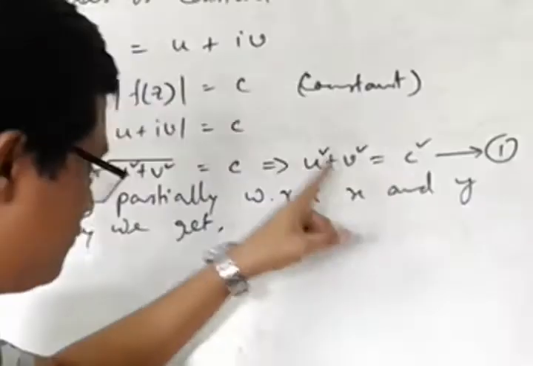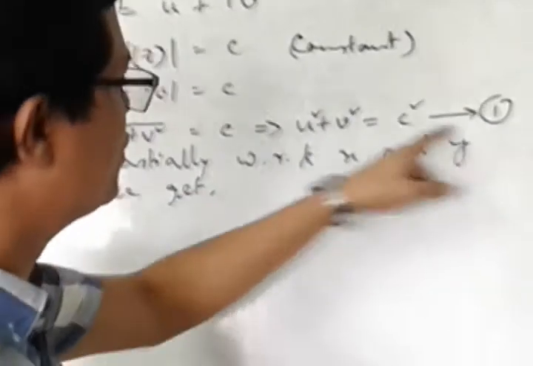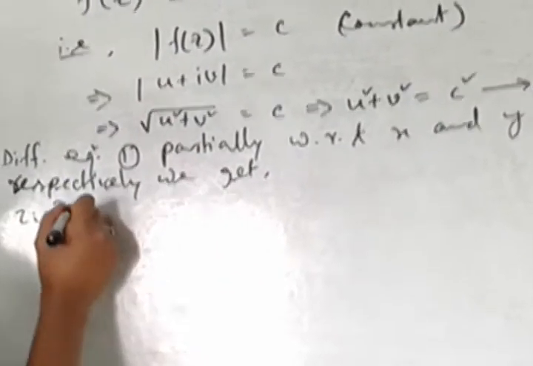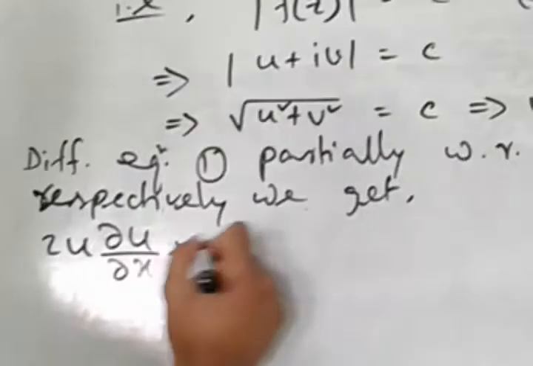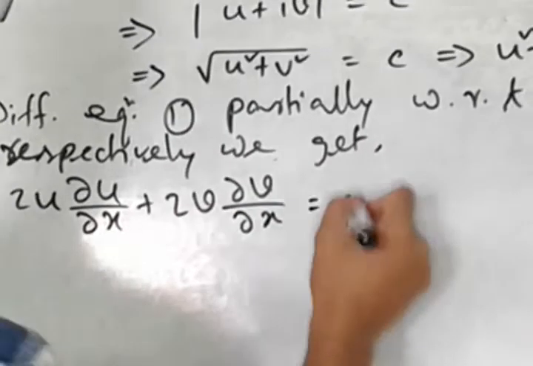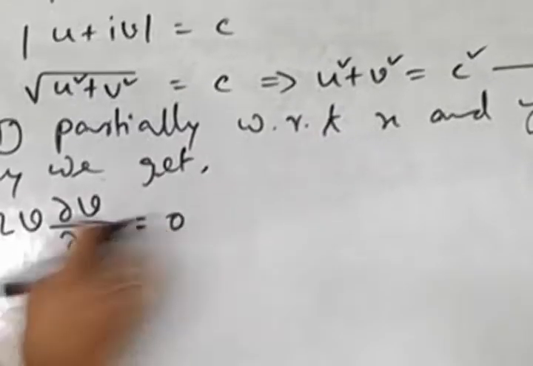By differentiating equation number 1 with respect to x, we get 2u del u by del x plus 2v del v by del x is equal to 0, since c squared is a constant, so its derivative is 0.